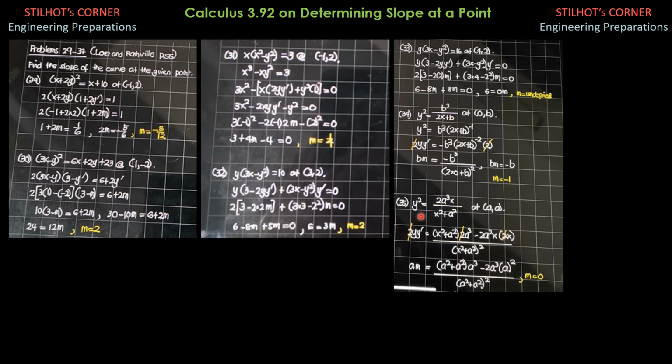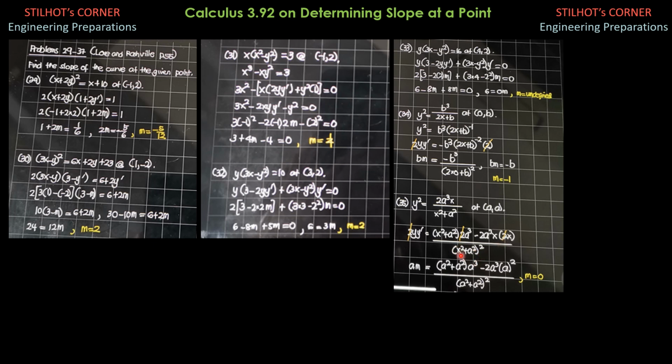Next, 35, y squared equals 2a cubed x over x squared plus a squared at a comma a. So differentiating, 2y y prime equals derivative of quotient: fraction denominator times derivative of numerator 2a cubed times 1, derivative of x is 1, minus numerator 2a cubed x, derivative of denominator is 2x, all over denominator square.